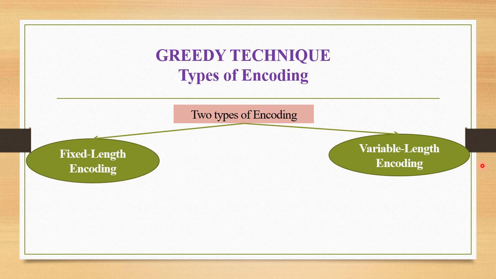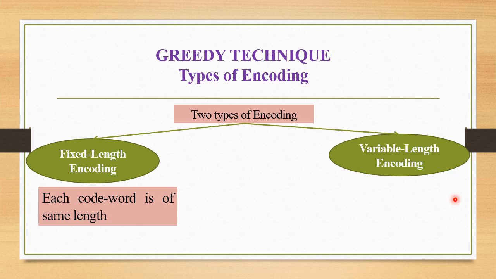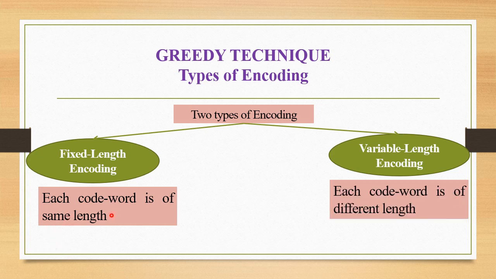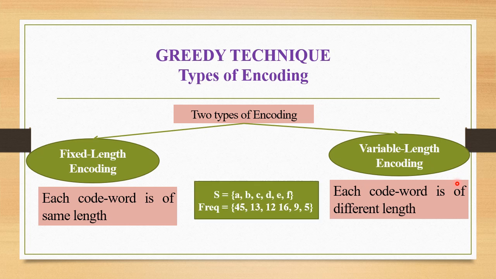Whereas in variable length encoding, the number of binary bits we assign will vary depending on the frequency of occurrence of the characters. That is the basic difference between fixed length and variable length encoding. Here the number of bits is the same for all characters, whereas here it is different. Each code word is of the same length here, whereas here each code word is of different length.